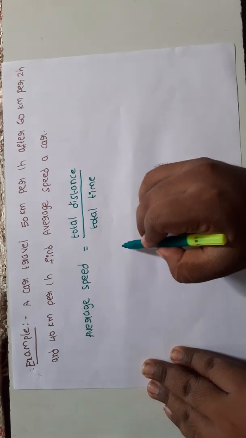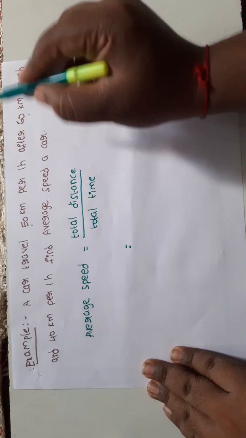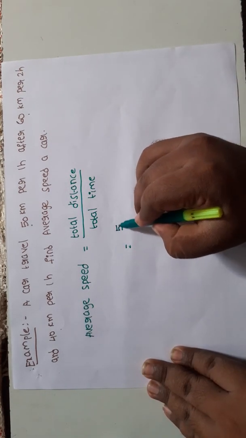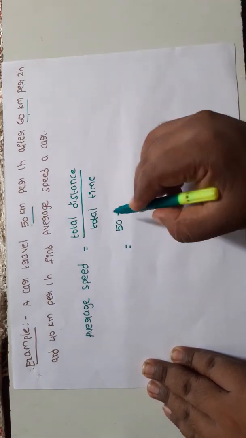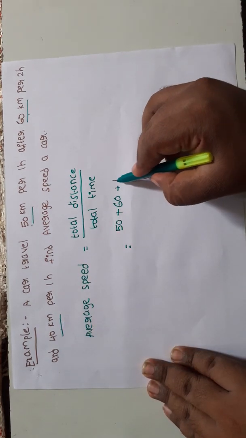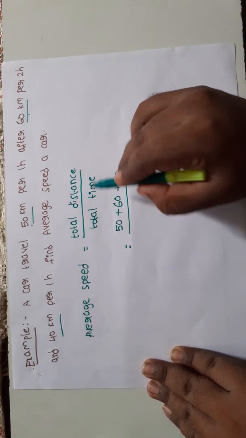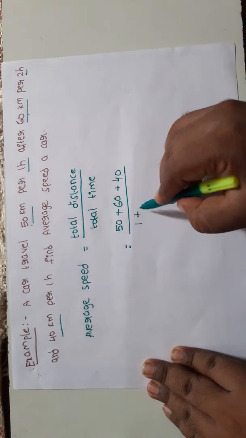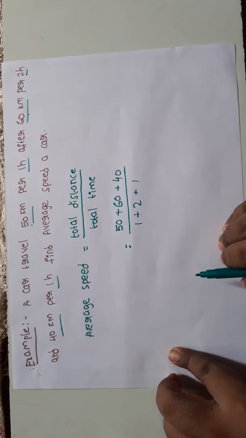Total distance: 50 kilometers, 60 kilometers, 40 kilometers, those three are the distances. Total time: 1 hour, 2 hours, next 1 hour.